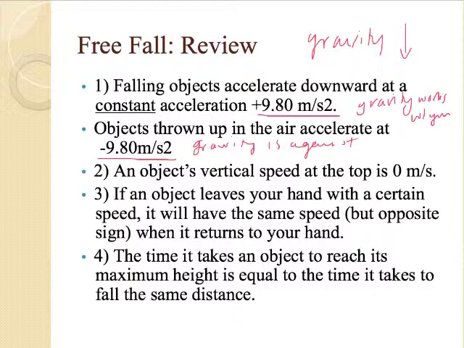Same thing, the time it takes to go up is equal to the time it takes to fall back down. Learn these, know these, be familiar with them. Just keep in mind, this is all for vertical. We'll get into more detail with that, but all for vertical.